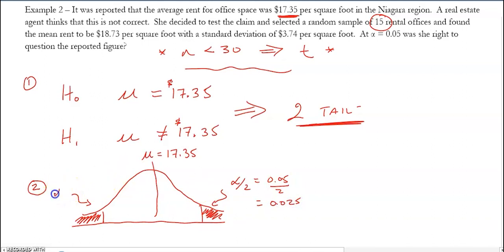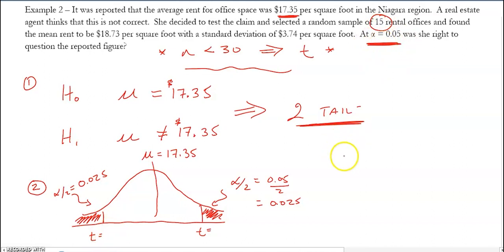Likewise, alpha over 2 is going to be the same. But because our table actually gives us the different combinations for this error, all we have to do is go to the table and look for the proper column and the proper row, and where those two values intersect, that's going to be the critical value we're going to use.